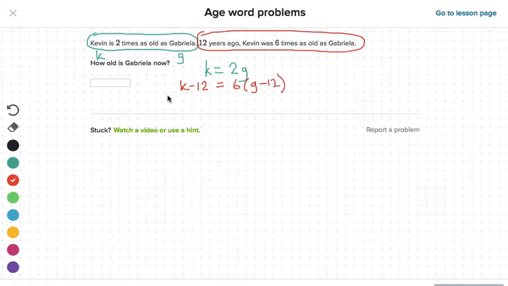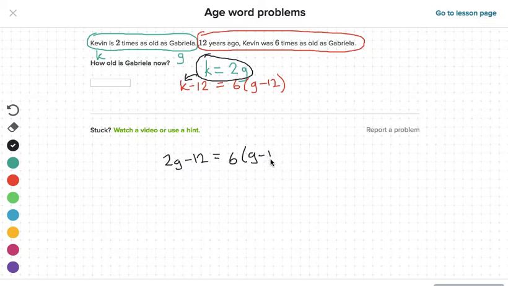Okay, so again, looks like we're dealing with substitution here. We're going to substitute in this 2G for K. So we now get 2G minus 12 equals 6G minus 12, and we can see right away Gabriella is what we're looking for. So this will actually solve it for us quite handily.